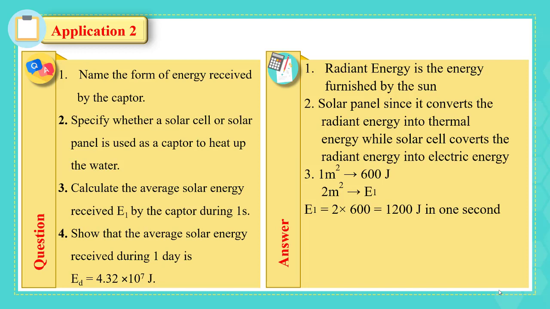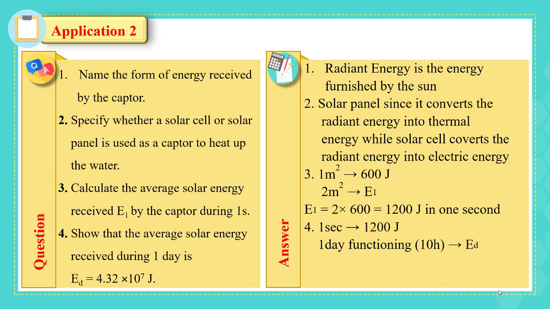In question number 4, we have to show that the average solar energy received during 1 day is 4.32 times 10 power 7 joules. We have calculated that the energy received by the captor in 1 second is 1200 joules. So in 10 hours of functioning per day, we receive energy ED, or energy per day.